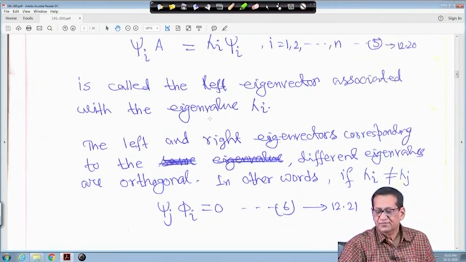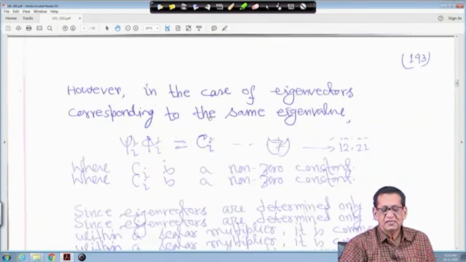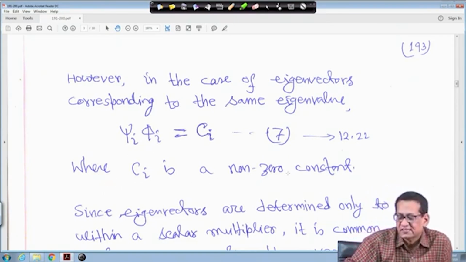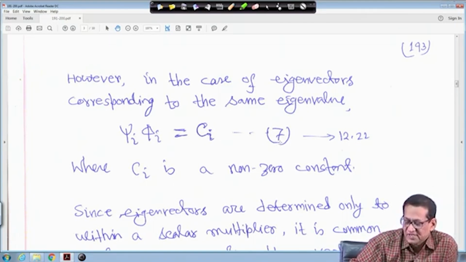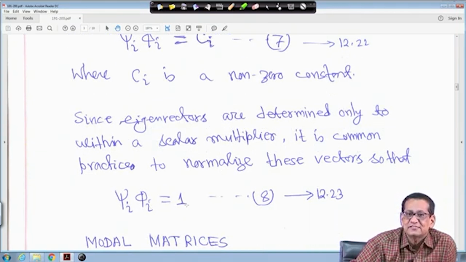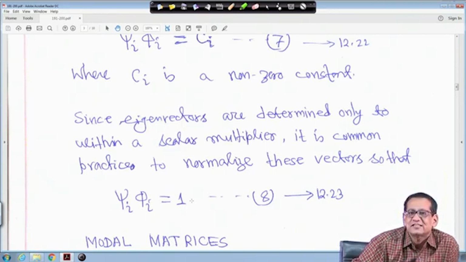However, in the case of eigenvectors corresponding to the same eigenvalue, we can write that psi i phi i is equal to C i, where C i is a non-zero constant. This is equation 7. Since eigenvectors are determined only to within a scalar multiplier, it is common practice to normalize these vectors so that psi i phi i is equal to 1, or in general psi phi is equal to I, the identity matrix, which we will see later.